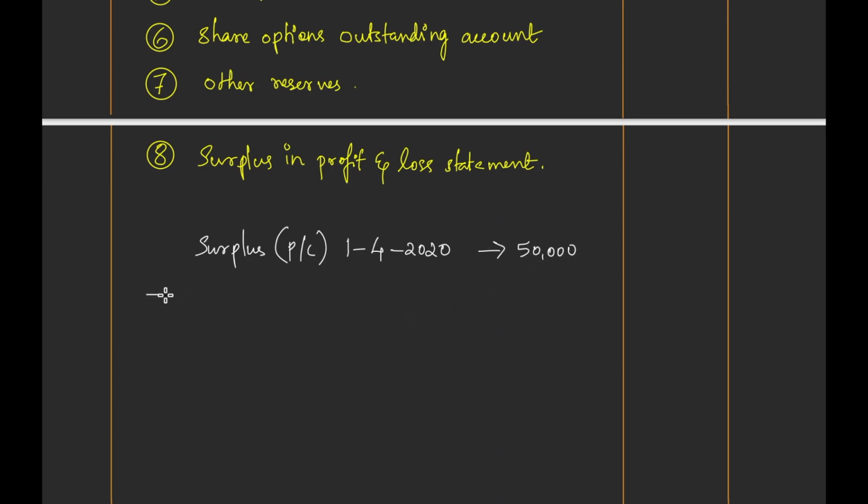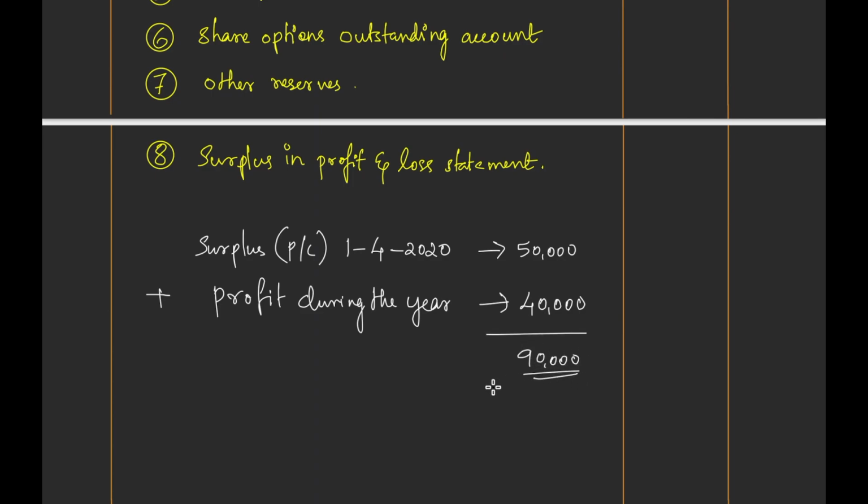Then profit earned during the year is, let's say, 40,000. So total 90,000, and the company has decided to transfer some amount to general reserve.